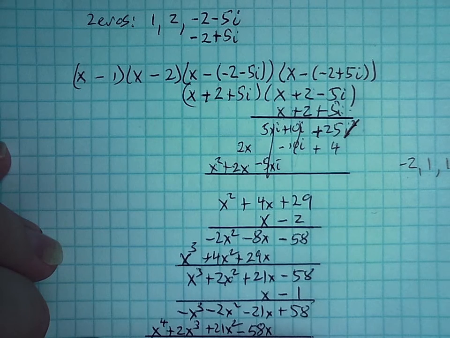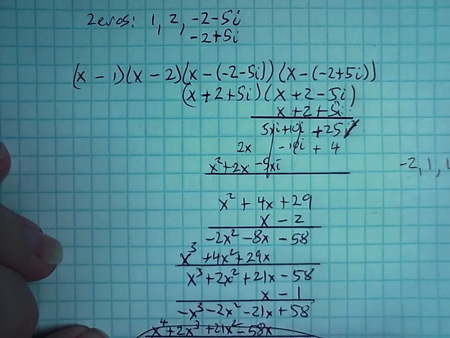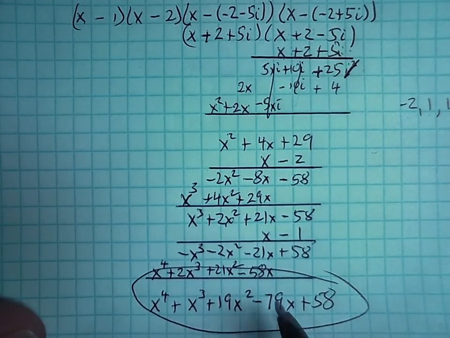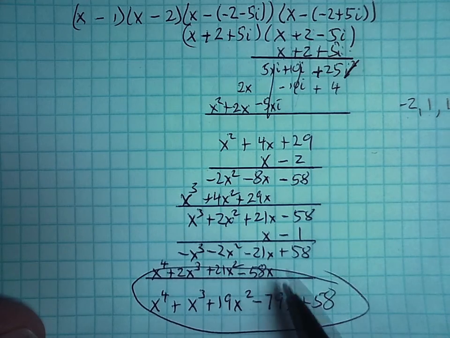Negative x cubed plus 2x cubed is x cubed. That's 19x squared. That's negative 79x and positive 58. Oh, sorry. Just added the like terms there.